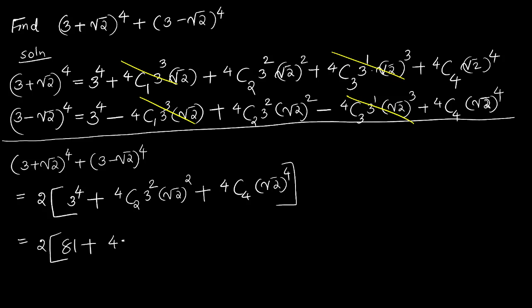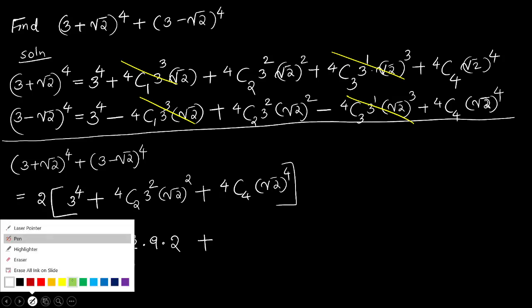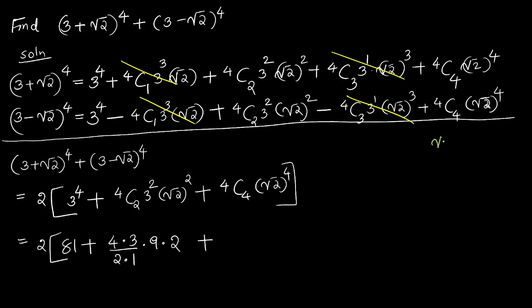4C2 is 4 into 3 divided by 2 into 1. If you don't understand, please tell me. 3 square is 9. Root 2 square is 2. 4C4 is 1 because NCN is 1. Root 2 raised to 4, I have already explained that. Rough calculation will be written on the right side.